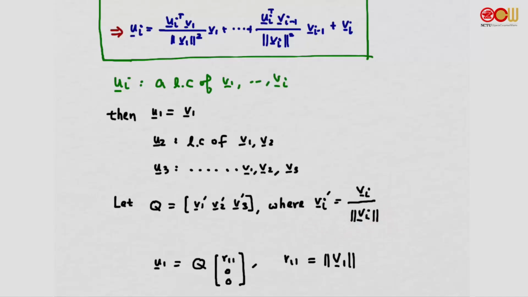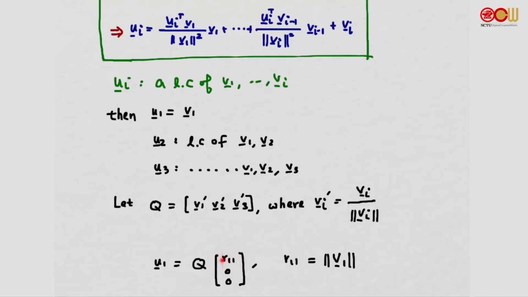We put these vi prime vectors into one matrix, v1 prime, v2 prime, and v3 prime, and call this Q. Then the first vector, u1, would be Q times a column vector of this form, because u1 only depends on the first column vector of Q. So when we write u1 as a linear combination of v1 prime, v2 prime, and v3 prime, only the first element is non-zero and the other two are zeros.